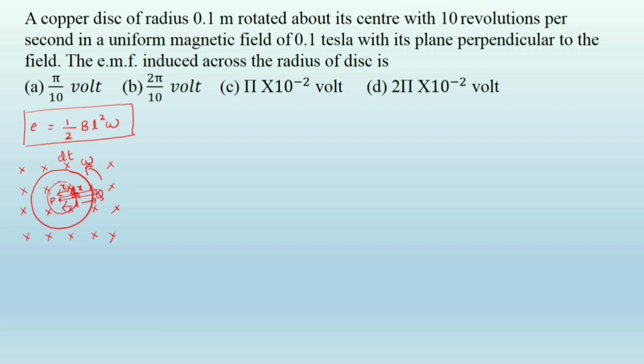See here, we know that induced EMF is generally given by E equal to BLV. So for this small element, a small change in the induced EMF, let us write it as dE equal to B into V into dx. The uniform magnetic field is the same here, and velocity is V. Instead of the total length L, I am going to consider only a small element, dx.